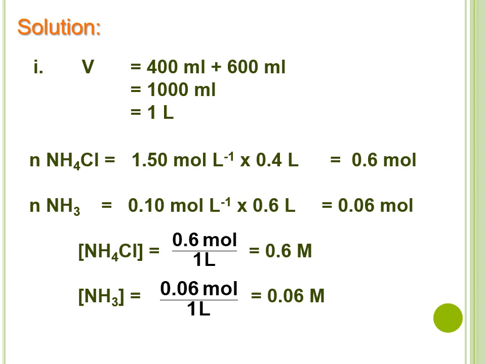For ammonium chloride, we got 1.5 times 0.4, making 0.6 mole. And for ammonia, we got 0.1 multiplied by 0.6, we got 0.06 mole. Both of these figures, we divide by 1 liter to get 0.6 molar and 0.06 molar, respectively.